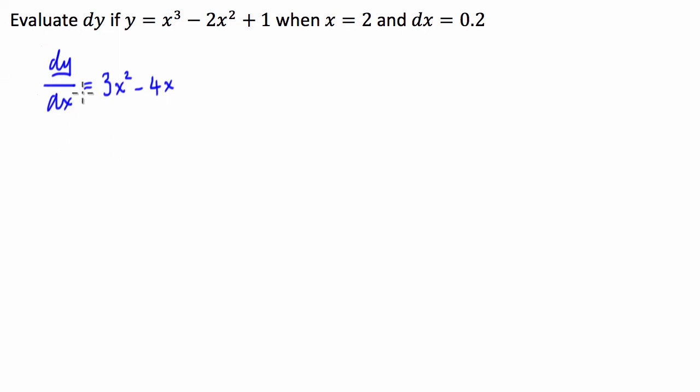Now this is going to be equal to 3x squared minus 4x. Cool. Now what we can do is use a little bit of algebra to find dy by multiplying both sides by dx. So this is just a little trick to this problem.